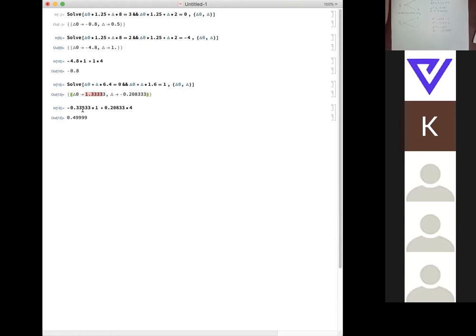And now I'll stick it into the formula down here. Solve, and I get a half. Q tilde is also equal to a half.